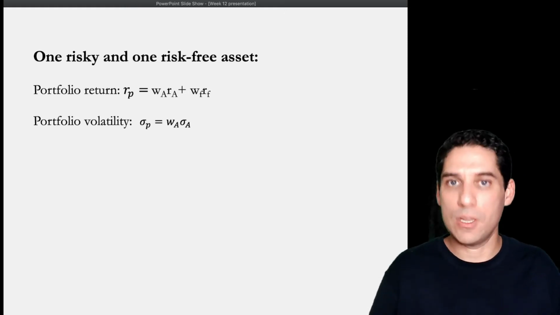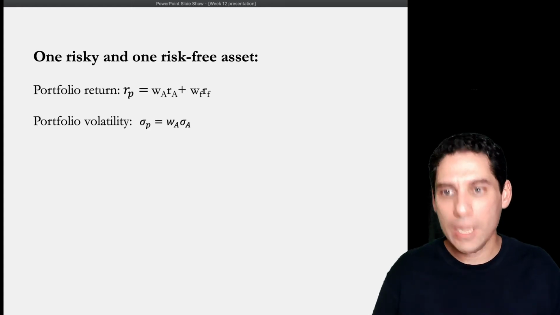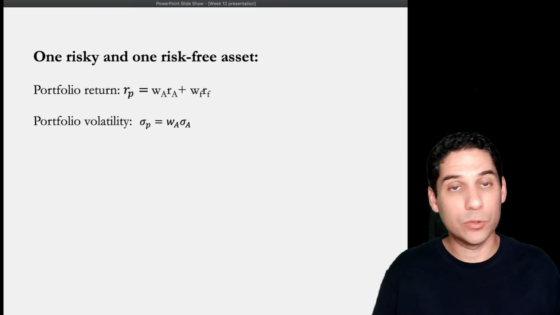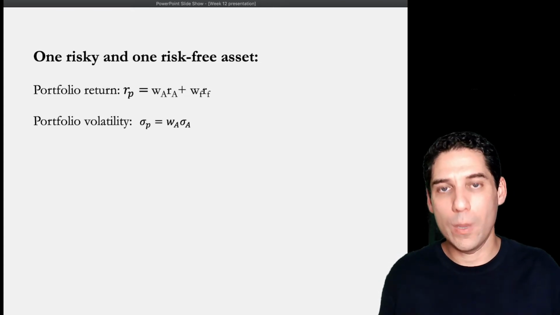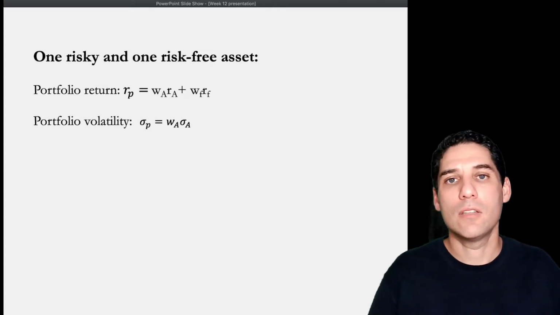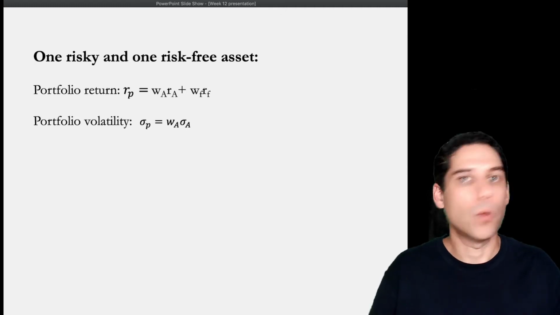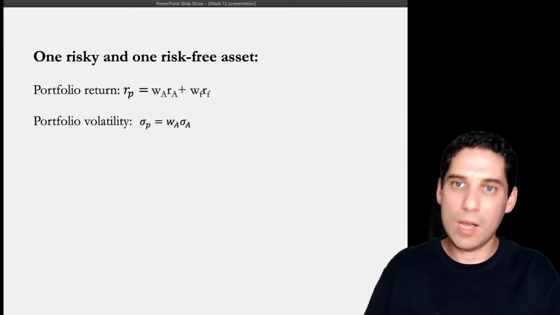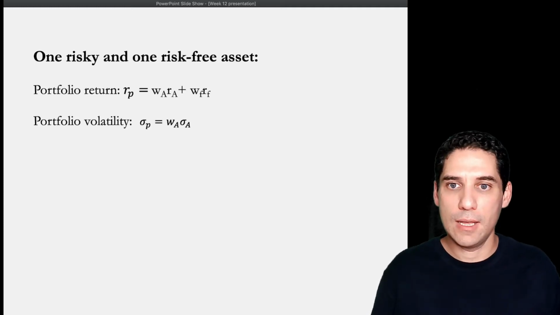So square root and square cancel each other out, and we are left with portfolio volatility equal to just the portfolio weight of the risky asset times the volatility of the risky asset. So the problem really simplifies when we have one risky asset and one risk-free asset.